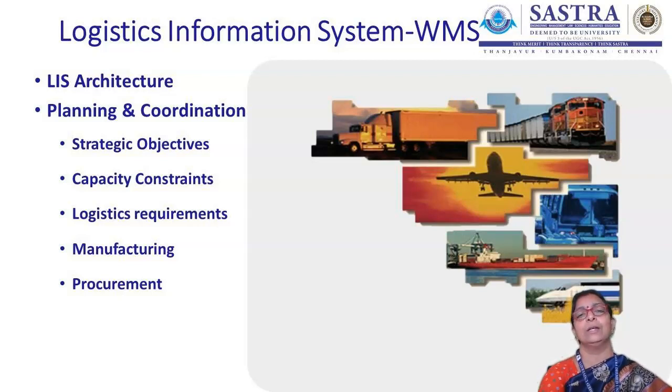The third heading related to planning is logistics requirements. After setting the strategic objective and the capability planning or capacity constraint, now we need to plan our own logistics requirements. They coordinate the facility, the equipment, the labor, and the inventory resources necessary to accomplish the logistics mission.